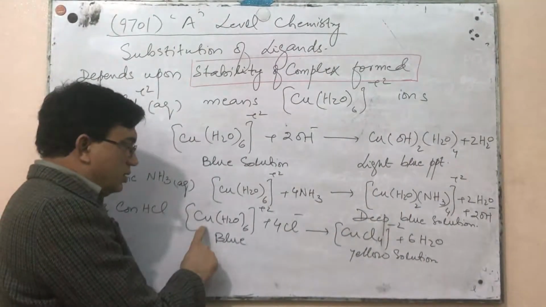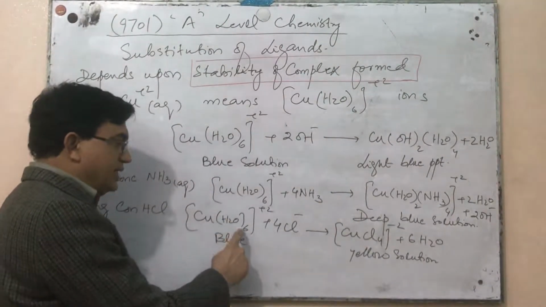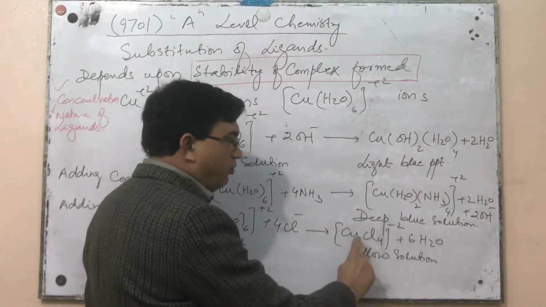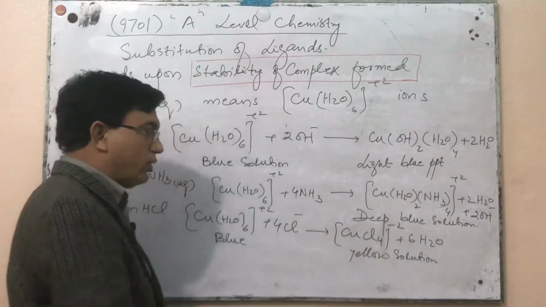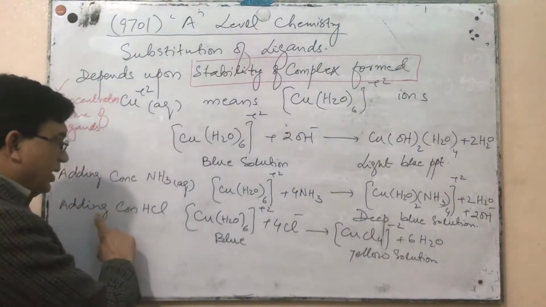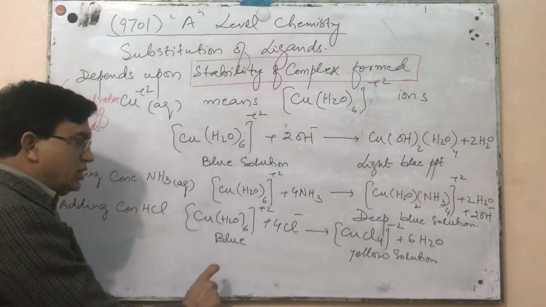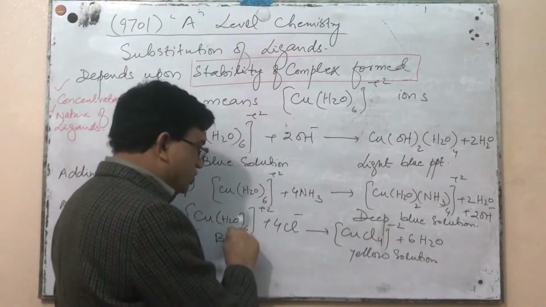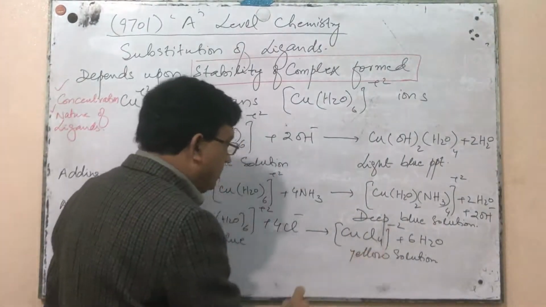Here the coordination number of copper ion was 6, but now the coordination number of copper is changed to 4. It means that, due to the concentration, hydrochloric acid exchanged all the water molecules.